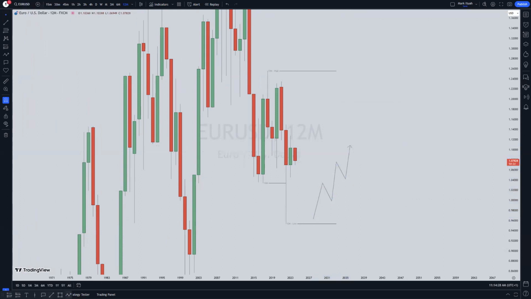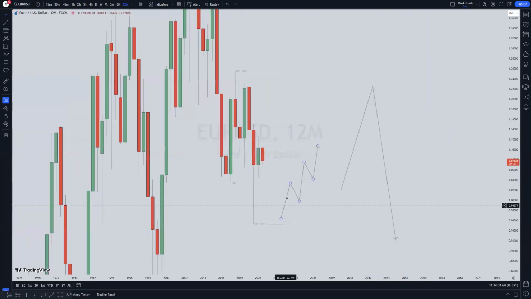The major structure is the 12-month chart, which is bearish, and the minor structure is this pullback. We're looking for this minor structure to form the bullish minor structure: higher high, higher low, higher high, higher low, and so on.